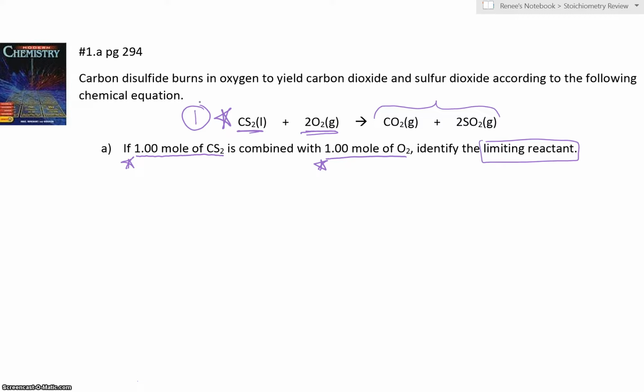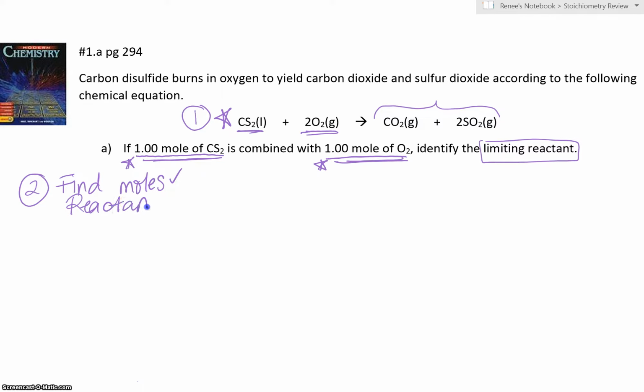The second step in the method I'm going to show you is to find moles. A lot of the times, these givens can be given in grams. If they did give it to you in grams, you would want to go from grams to moles in this step. But they've already done that for us, so we don't have to go any further. The moles of the reactants are done for us.